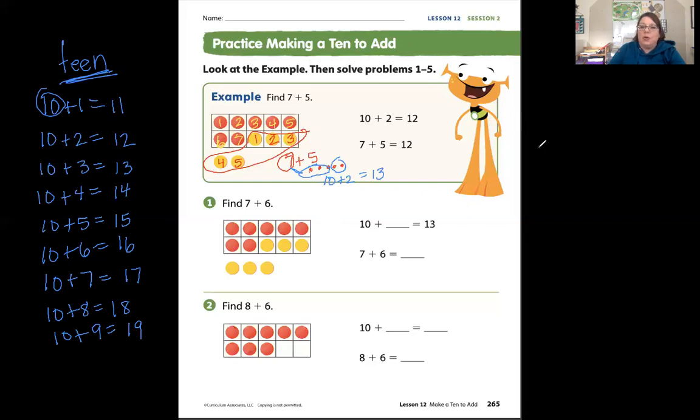The other thing that will help you is thinking of how many more to make a 10. So on the other side of your whiteboard, we're gonna make 10, okay?